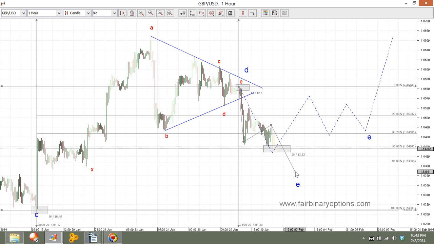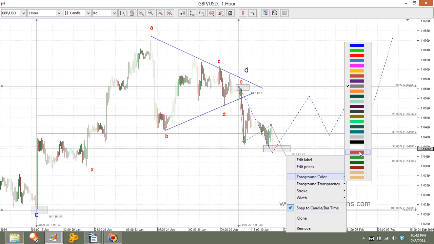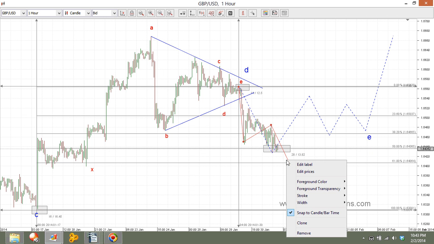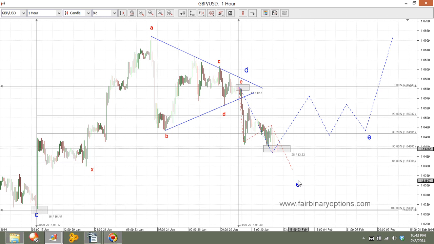So something like this to be the E wave of this degree. This would be, of course, another scenario. Let's change the stroke like this, and this would be again another possible way for the E wave.